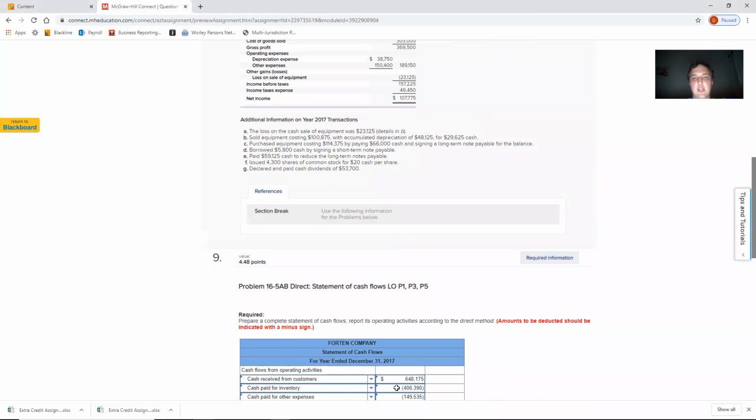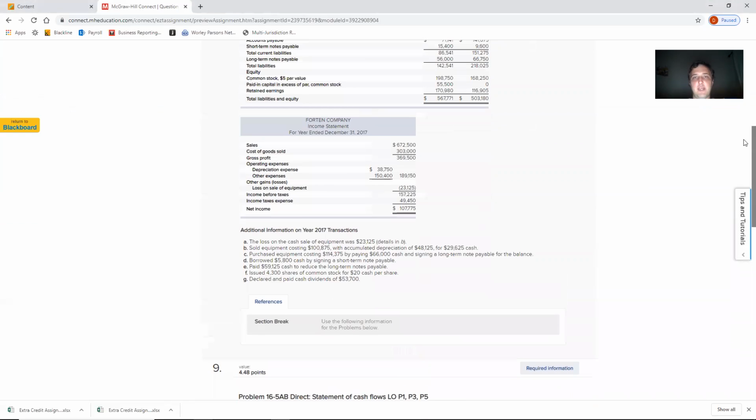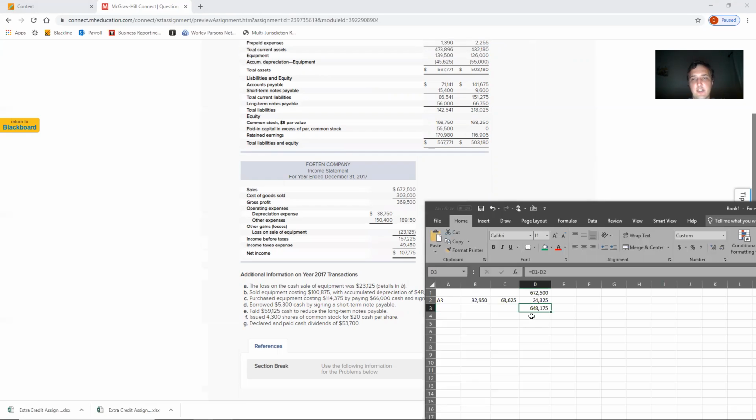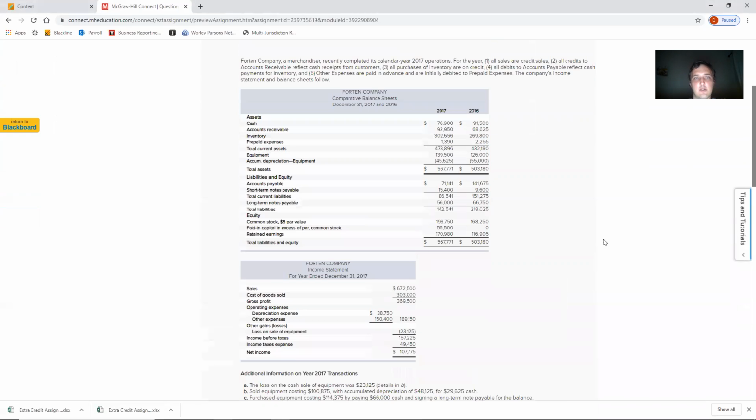Then we had to pay for our inventory, so we start with the cost of goods sold. Same thing with our inventory here.